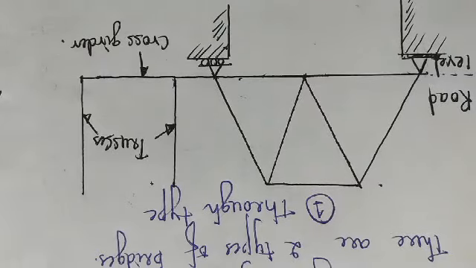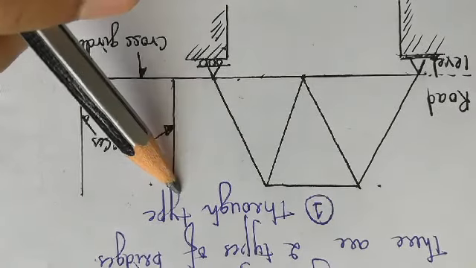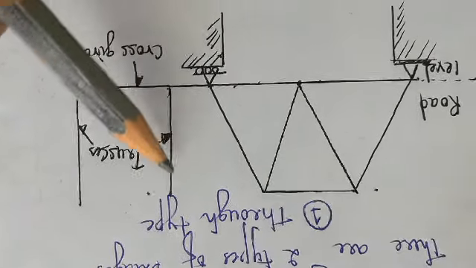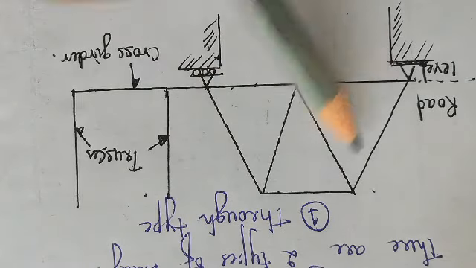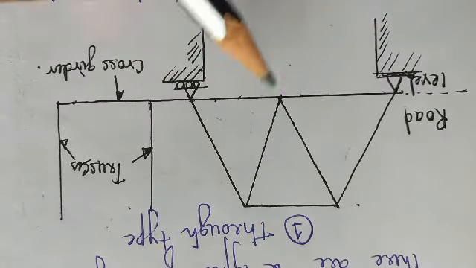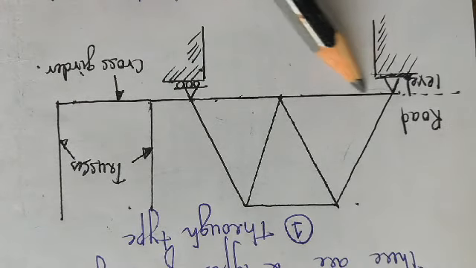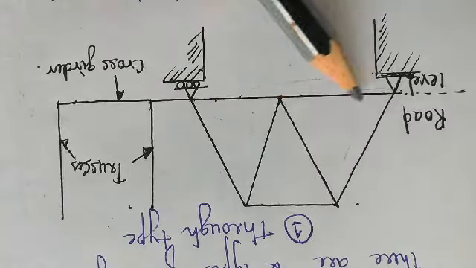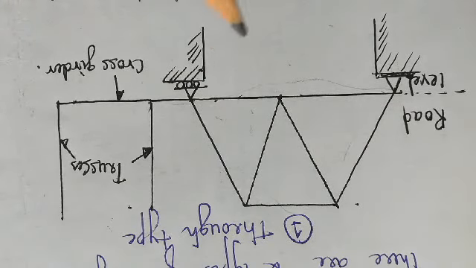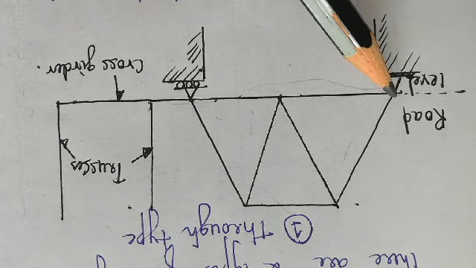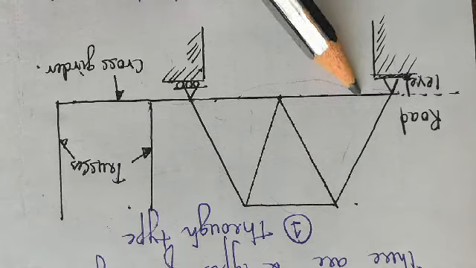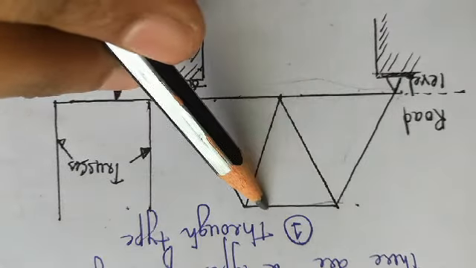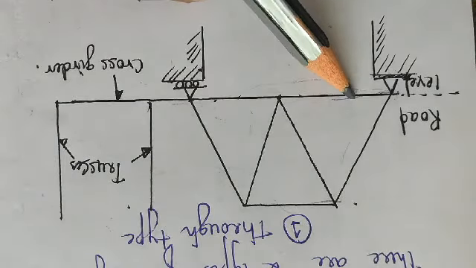Now the through type of truss. This is the front view, or the elevation you can call it. This is the elevation of the through type of bridge, where this is the truss on which the vehicle or the locomotion is going to take place. Now the road level is at the bottom of the trusses. This is the top, this is the bottom of the truss.